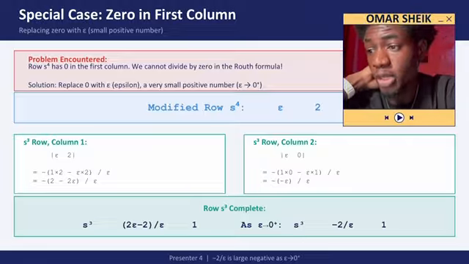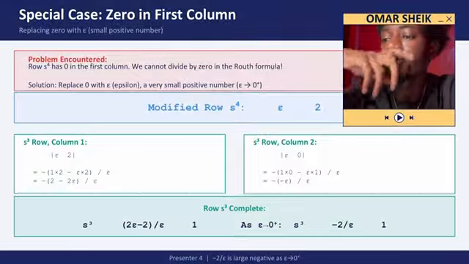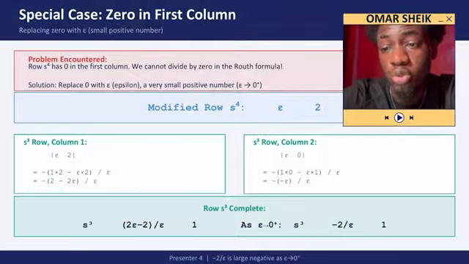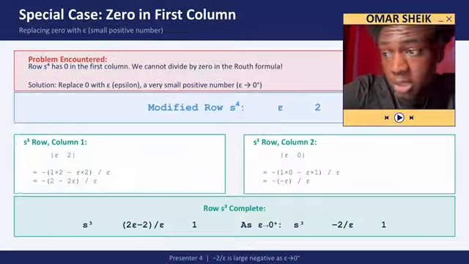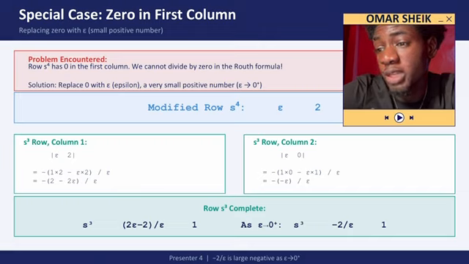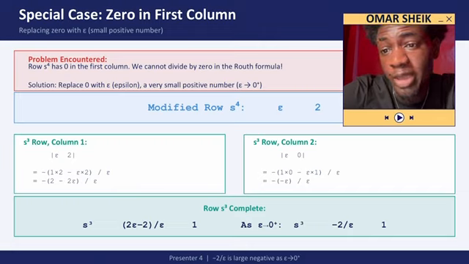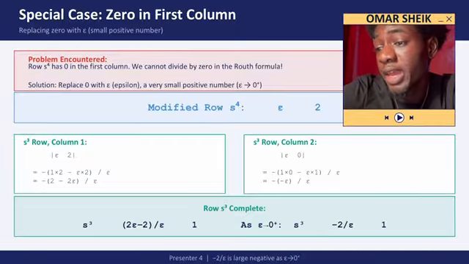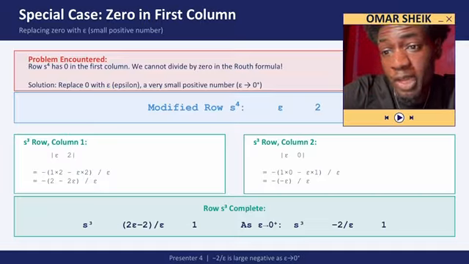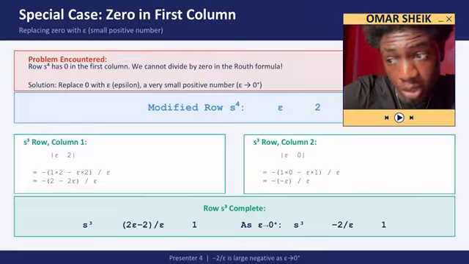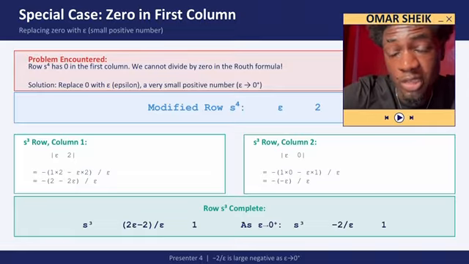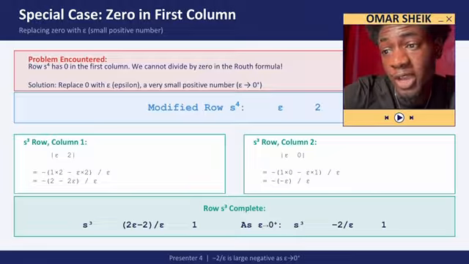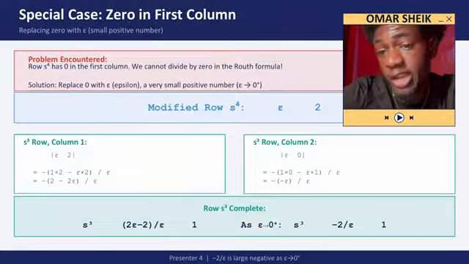Now we negate: negative (2 minus 2 epsilon) equals 2 epsilon minus 2, divided by epsilon. Simplifying, this equals 2 epsilon divided by epsilon minus 2 divided by epsilon. As epsilon approaches 0, this approaches negative 2 divided by epsilon. When epsilon is tiny and positive, that is a large negative number. So the first element of our S cubed row is negative 2 over epsilon, which is large and negative.